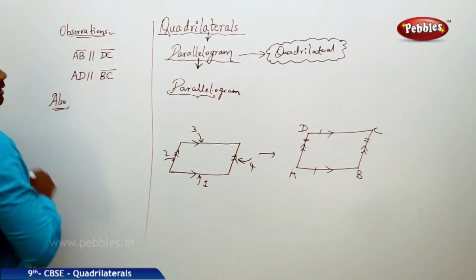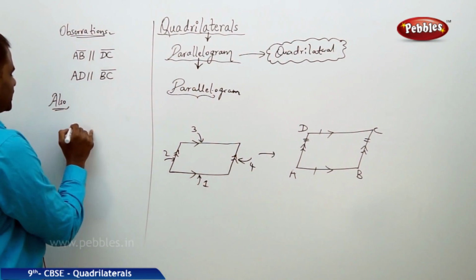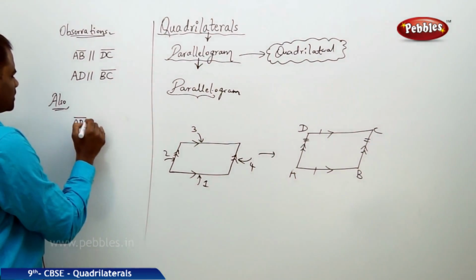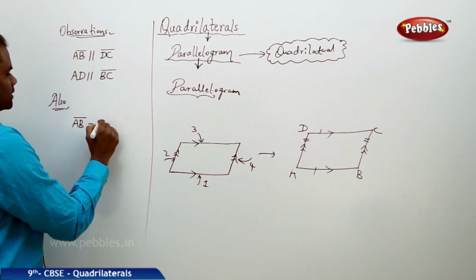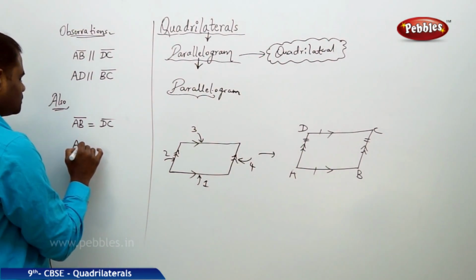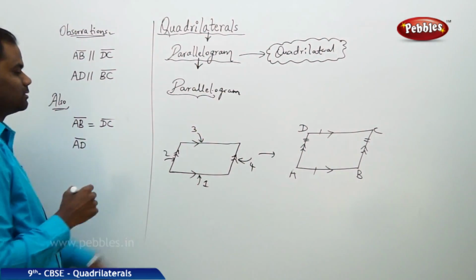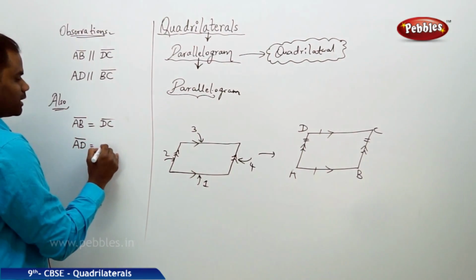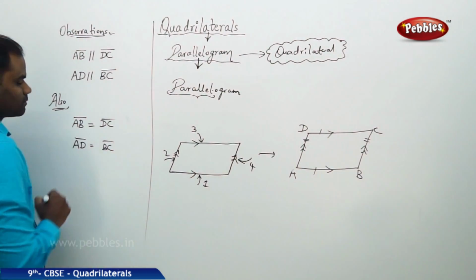Also, I notice the line segment AB is equal to line segment DC, and my line segment AD is equal to the line segment BC.